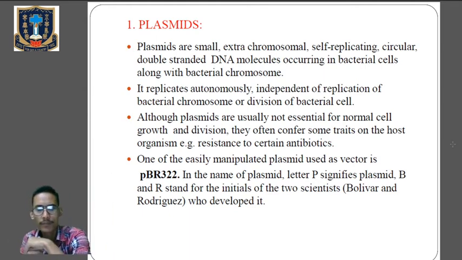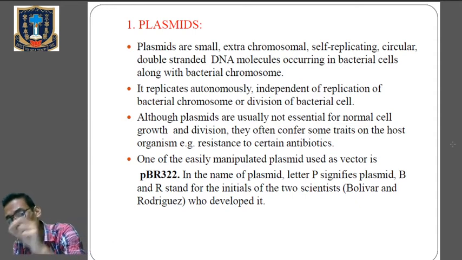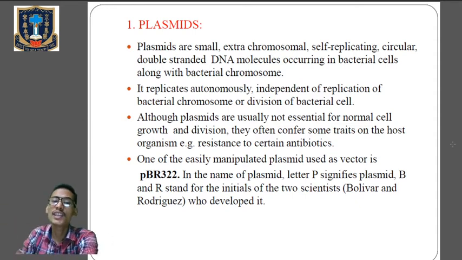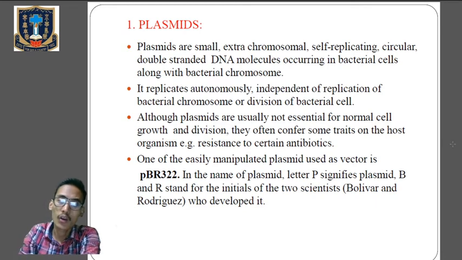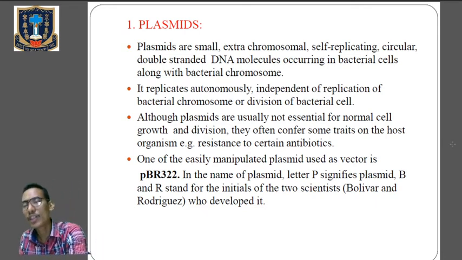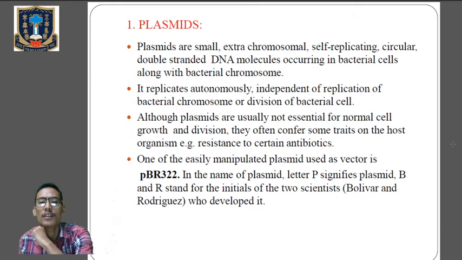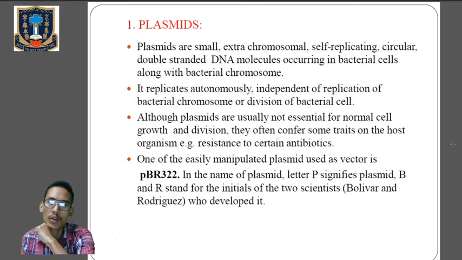And not only that, bacteria do possess an extra chromosomal circular DNA molecule also. Okay, they have got an extra chromosomal circular DNA molecule also, and that extra chromosomal circular DNA molecule in case of bacteria is known as plasmid, and that plasmid can be utilized as a vector in biotechnology.